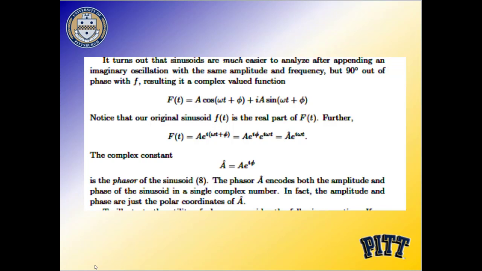Now, I go over this only because you do have a web work problem exactly like one of the problems we're going to go over here momentarily, talking about phasors. And that's the only reason why I'm going through it. I wouldn't give you something like this on a test or a quiz, because the process of doing so could take a bit of time, especially if you're new to doing it.